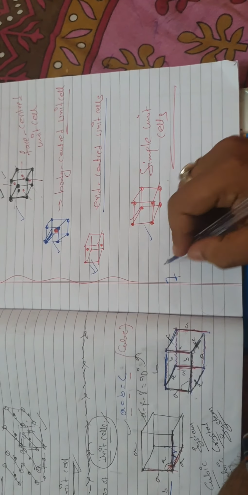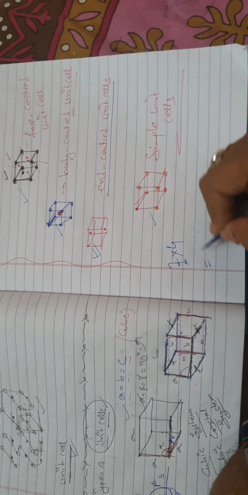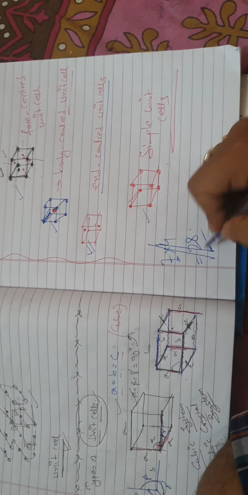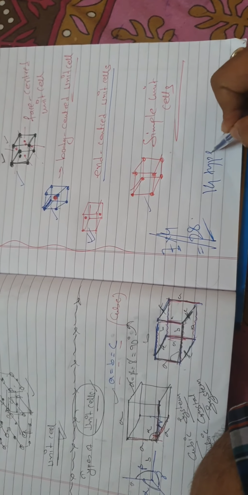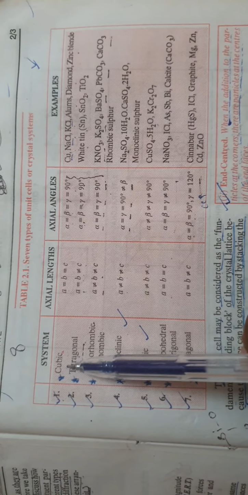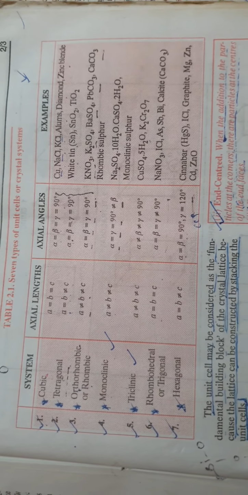So that means 7 types of unit cells into 4 will give you 28 types of lattice structures. That is not true. You have only 14 types of lattice structures, because all the types of unit cells may not contain all the body-centered, end-centered or face-centered types.